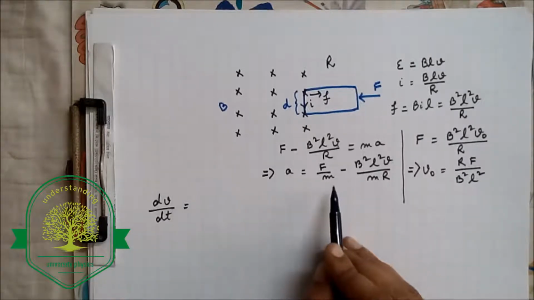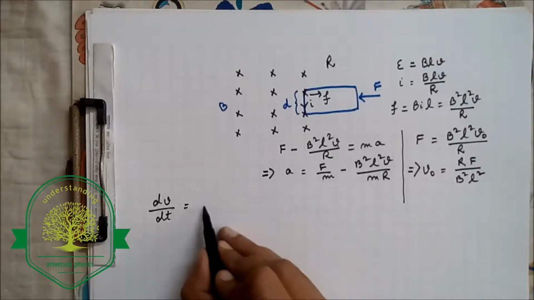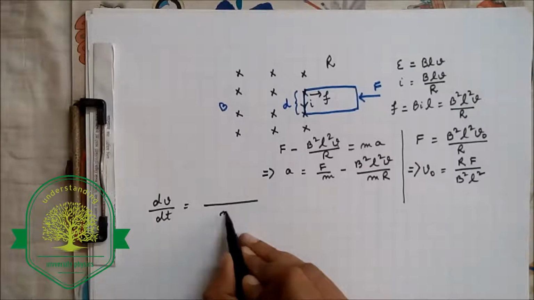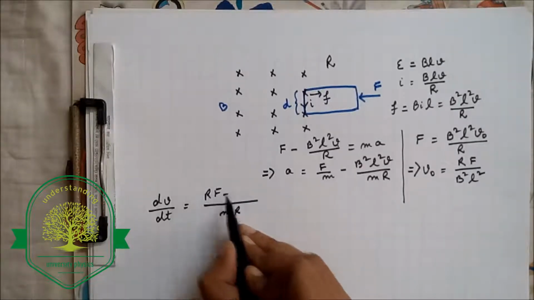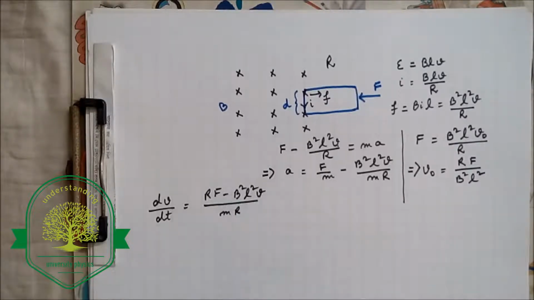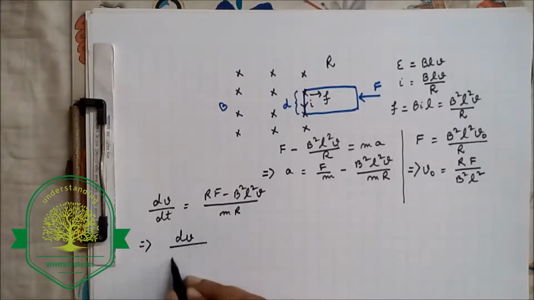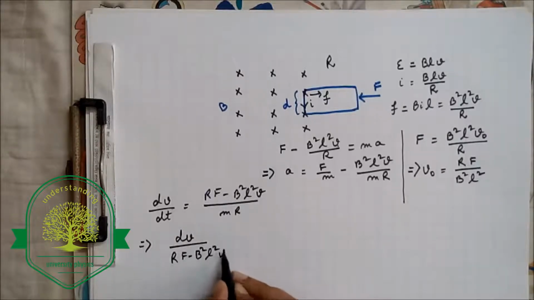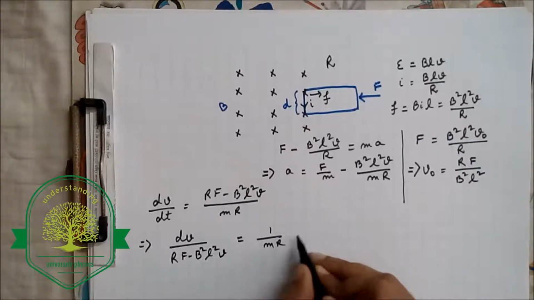I'll just take the LCM of these two terms, that's mr, and in the numerator I'll get Rf minus b square L square v. So if I separate my terms, dv divided by Rf minus b square L square v will become equal to 1 over mr times dt.